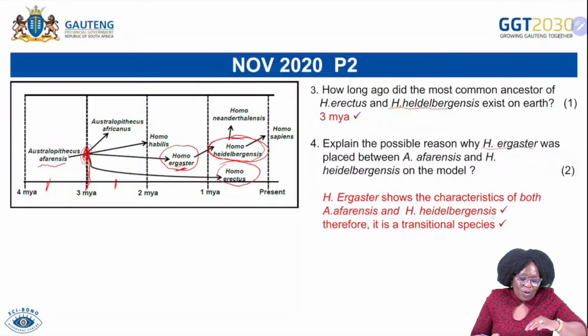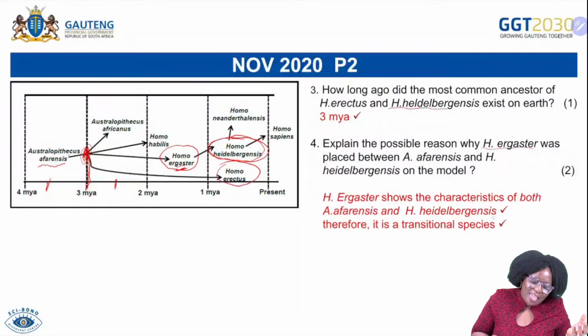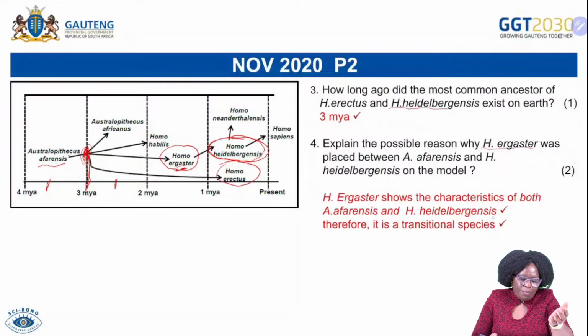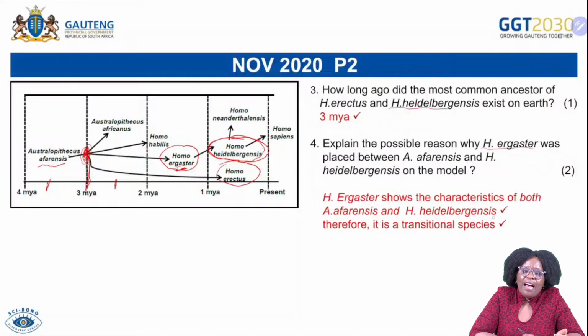The development was starting from the most ancient, 3 million years ago, when we had Australopithecus afarensis. But gradually as you move, you can see that Homo heidelbergensis is after 1 million years ago, about 500,000, not 1 million.